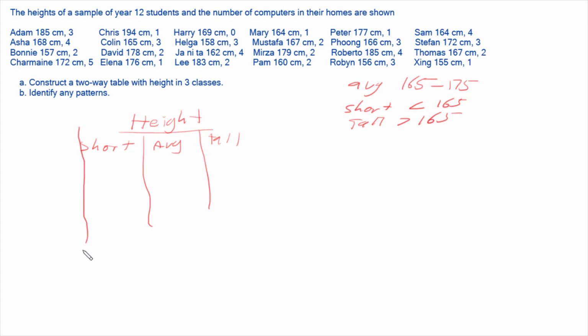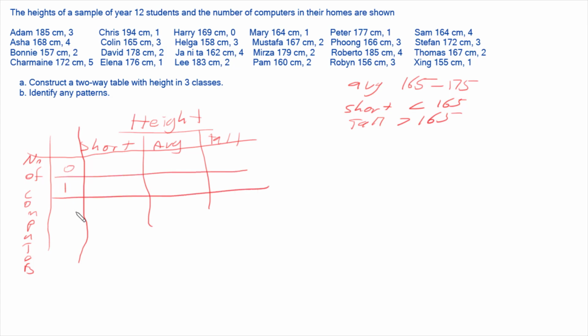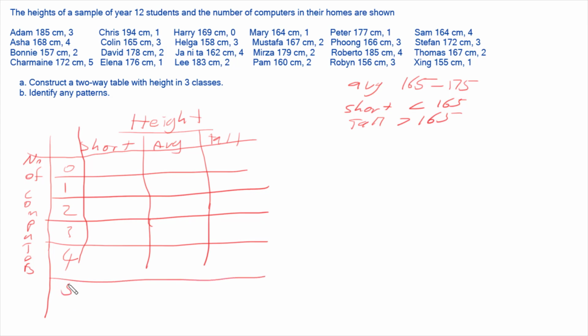And then down our left-hand side, we'll have the number of computers. And we saw that we've got options of 0 computers, 1, 2, 3, 4, 5, and I don't think we got anything above 5, so we'll just call it there.